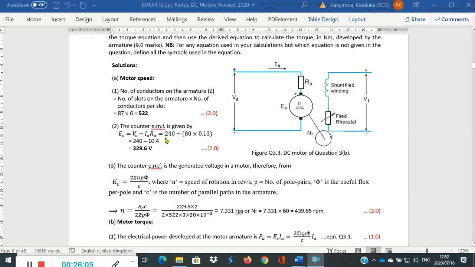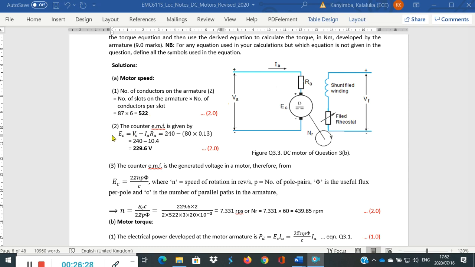So the total number of conductors on the armature is 87 times 6, which is equal to 522. There were 2 marks, 1 mark for the equation, the other mark for the answer.